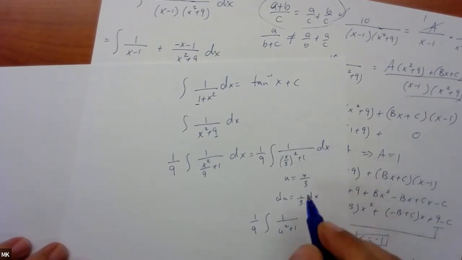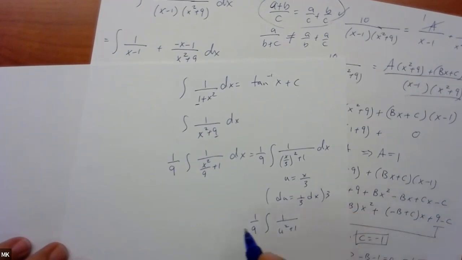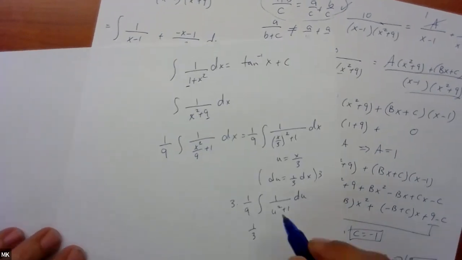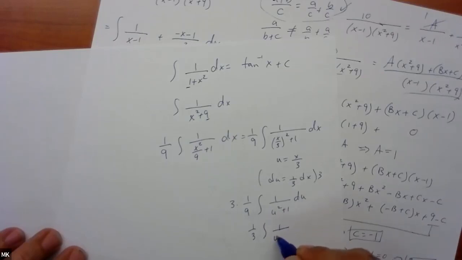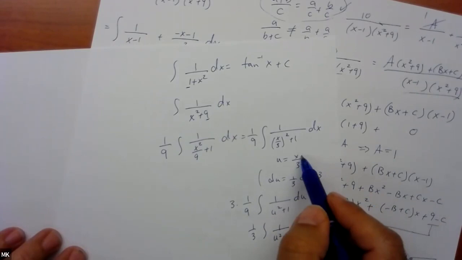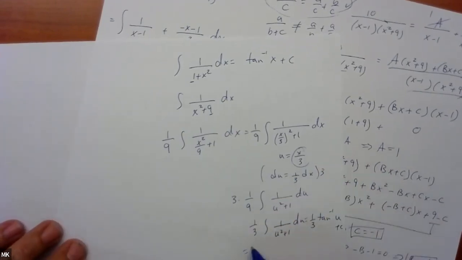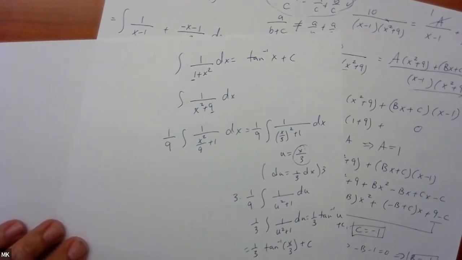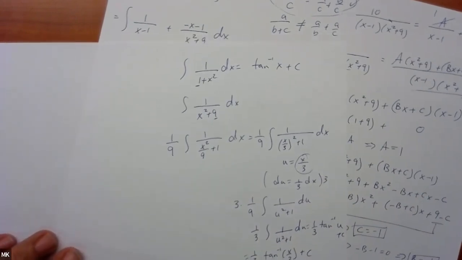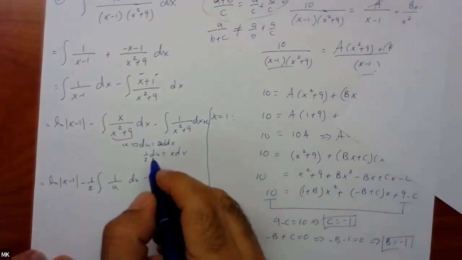And since I only have dx, I multiply both sides by 3, so I get 3 du. So I get 1/3 times the integral of 1 over u squared plus 1 du, which is 1/3 tan inverse of u plus c. And u, we chose to be x over 3. So it's going to be 1/3 tan inverse of x over 3 plus c. If you want to write step by step. But again, you get so comfortable with this that sometimes you don't write that.